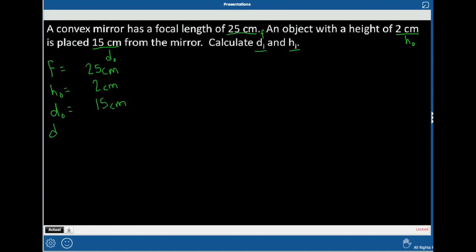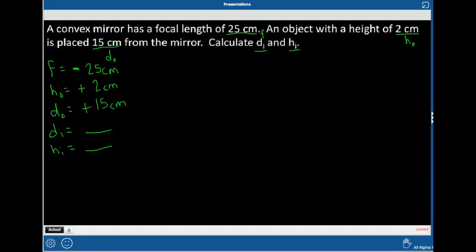And then we're going to find DI and HI. For a convex mirror, our focal length is negative. It doesn't say our object is upside down, so it's going to have a positive object height, and it's 15 centimeters from the mirror, so we're going to have a positive object distance.